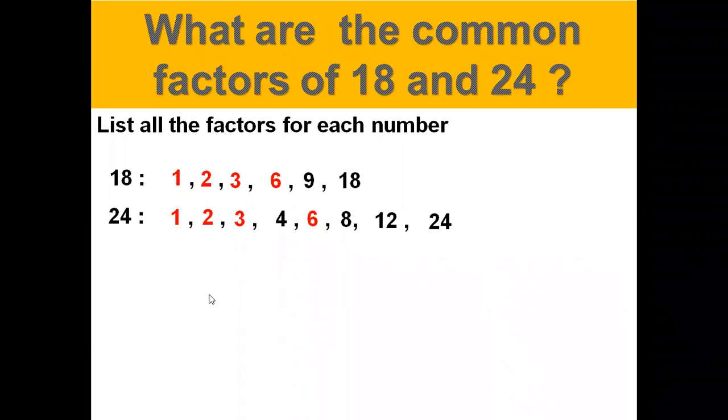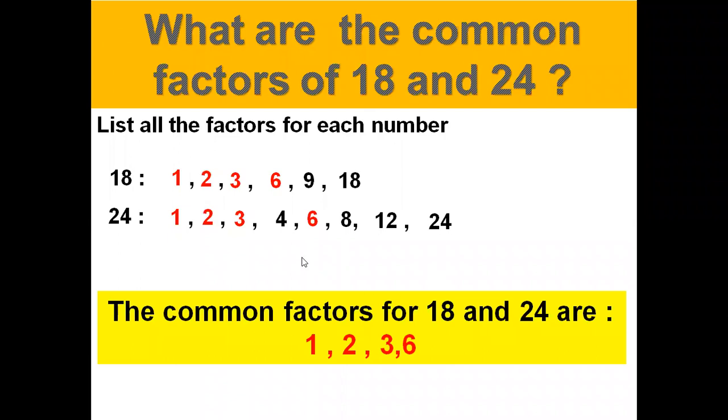So these are the factors of 24. Let's talk about the common factors. Common factors means the factors that are the same. I colored them for you in red. So they are 1, 2, 3, and 6. These are the common factors, okay?